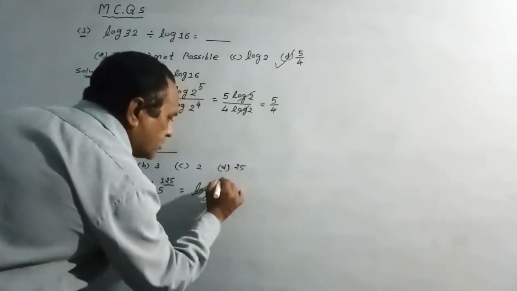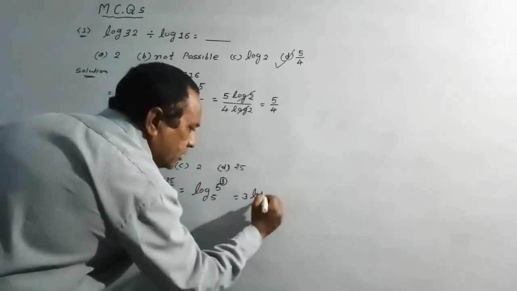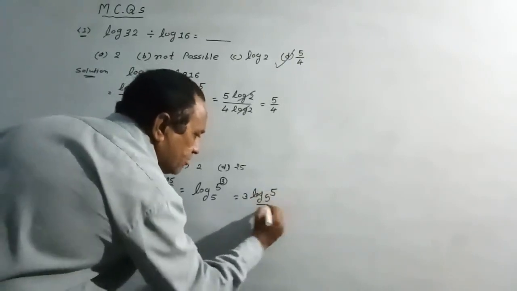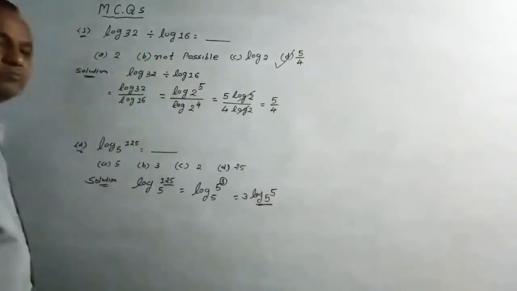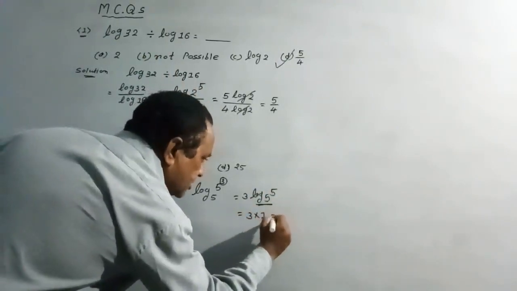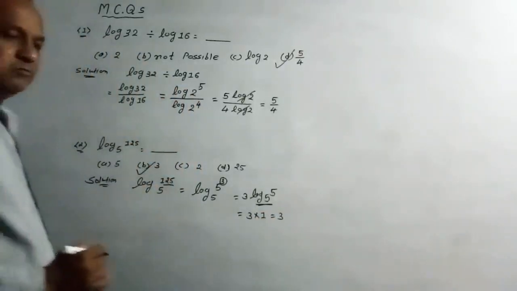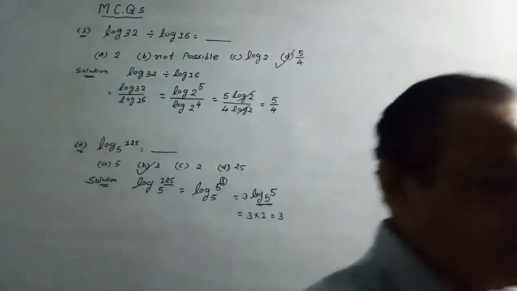So 3, the power, goes to multiply, then 3 multiplied by log 5 base 5, but base and index are the same, so that is 1. 3 multiplied by 1, the answer is 3. So here the answer is option D.